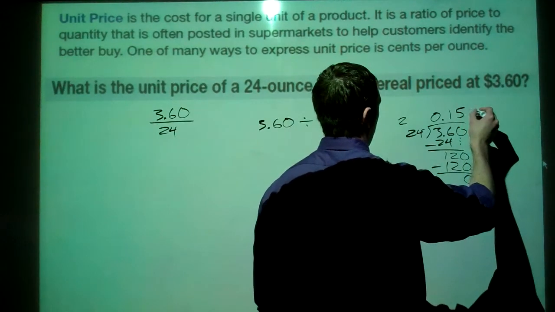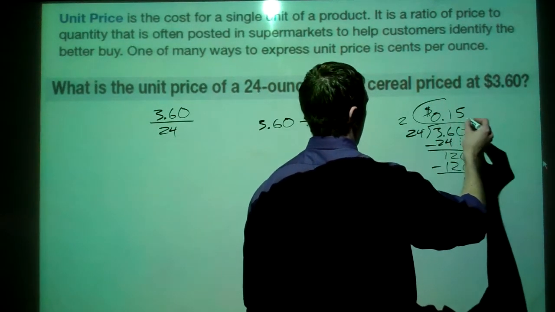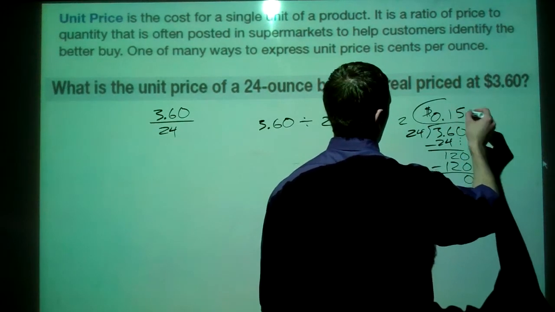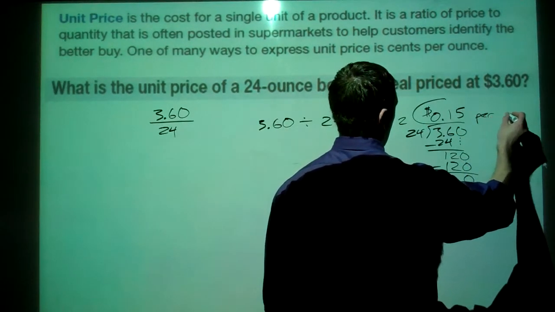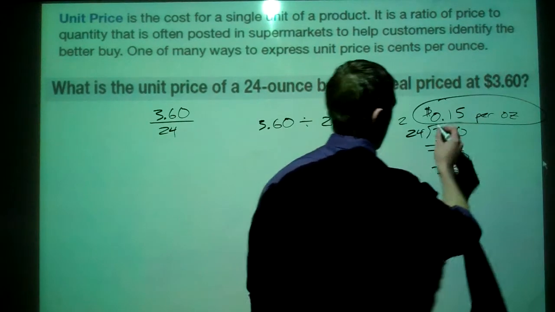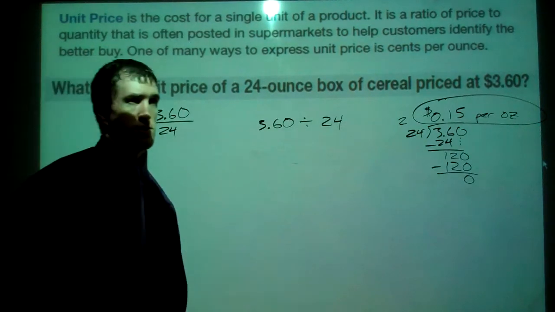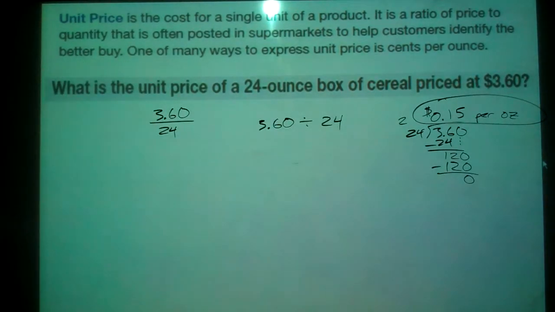Alright, so 15 cents per ounce. Okay? 15 cents per ounce there. So if you're comparing two different sizes of cereals at different prices, you can figure out price per ounce, and it would help you figure out what the better buy is.